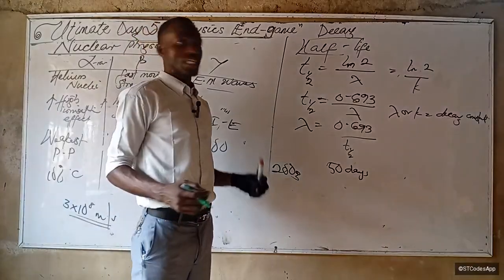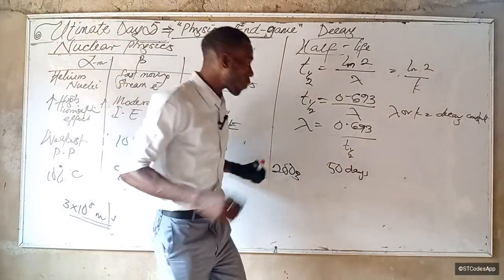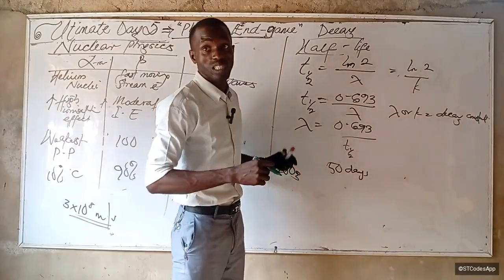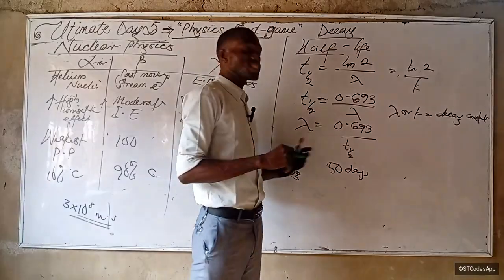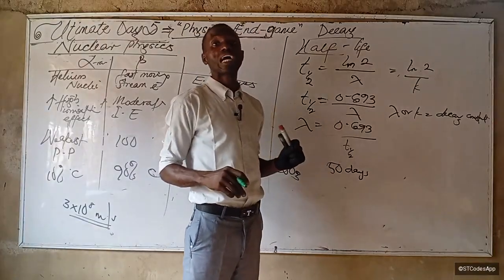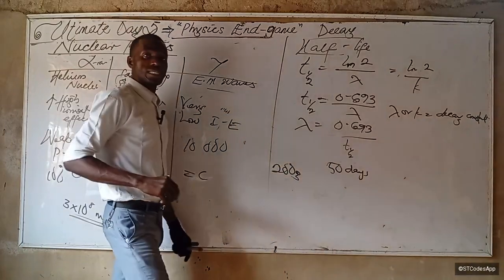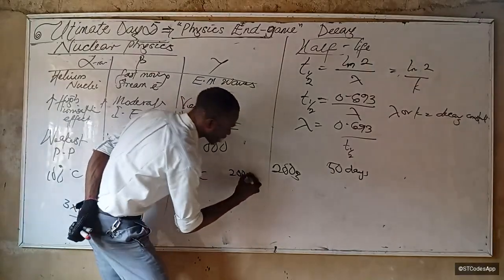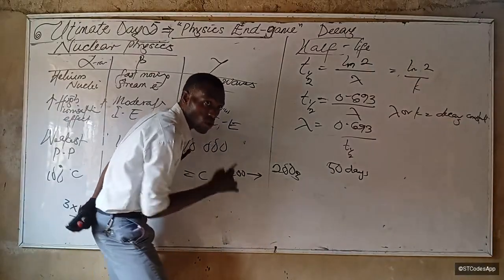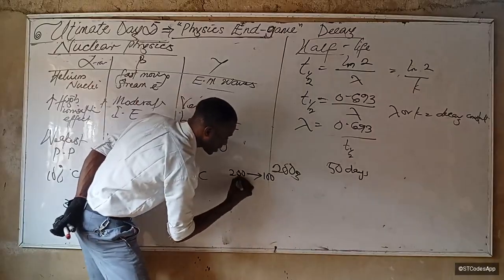How much will remain after 1,000 days? Very simple. You disintegrate it until you get to 1,000 days. That is so much, but let's try it. From 200, it will disintegrate to half of its mass. What is half of its mass? 100.